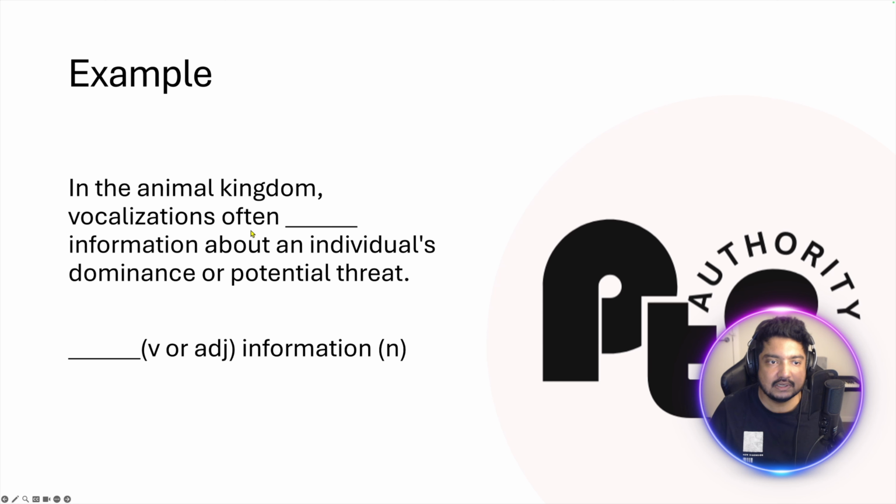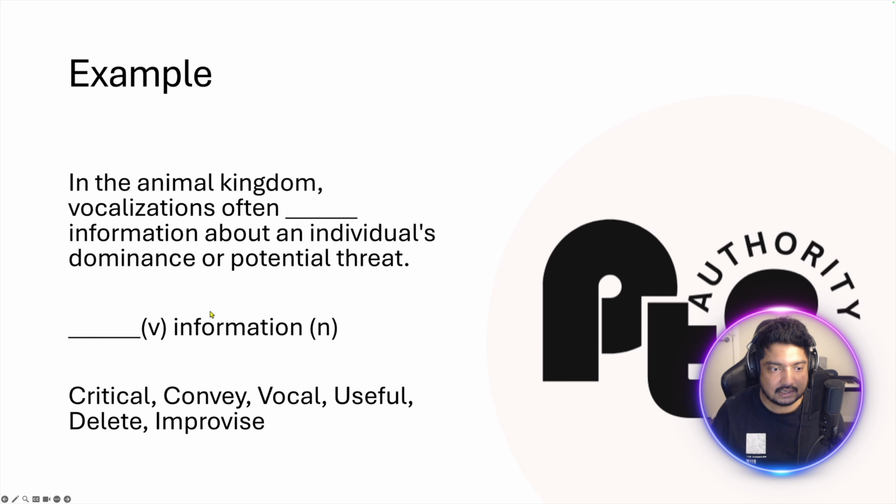Convey is a verb, and it will fit really nicely into the sentence. The only verbs that we can find in the list of answer options are convey and improvise. If you plug in improvise, vocalizations often improvise information about an individual's dominance, which doesn't really make sense. If you plug in convey, it makes more sense, hence we can rule out improvise, leaving us with the correct option, convey.